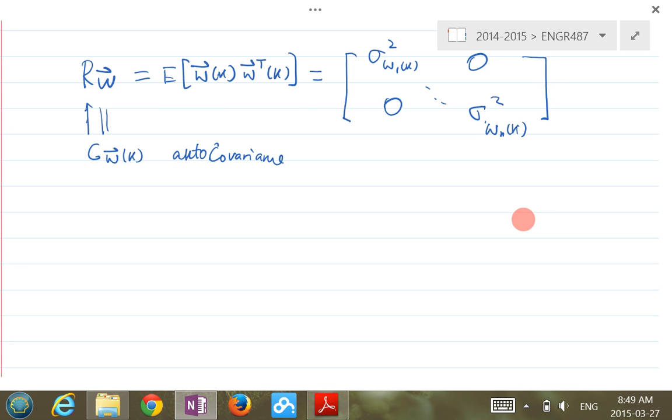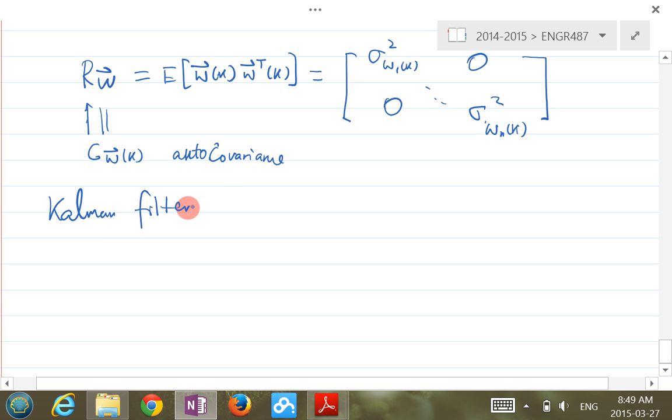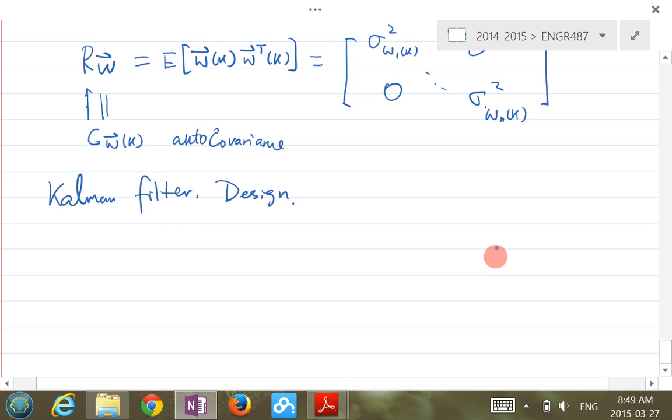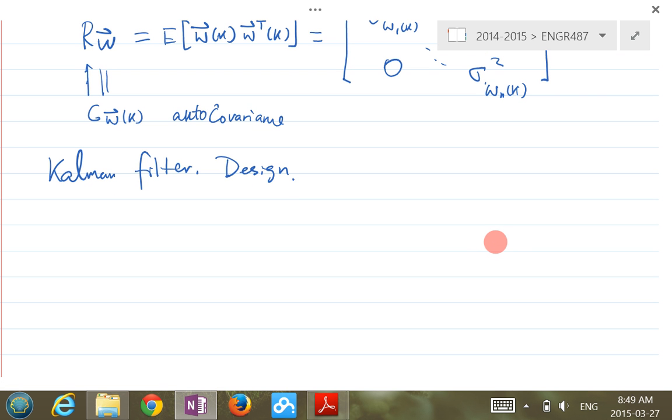So let's move on to the Kalman filter now. Kalman filter design. It's a filter, and it's actually going to be basically an estimator. So let me write down the process first.